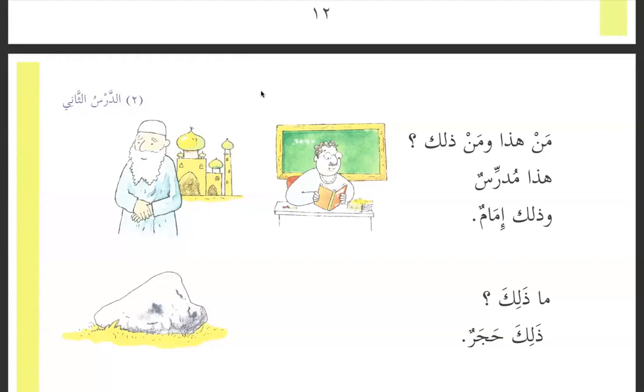You can look online; some of the masahif of the Sahaba are preserved. I think the one in Turkey, Sayyidina Uthman's mushaf, you'll see clearly no dots, nothing. That was the Sahaba, radiallahu anhum. They were able to read without it.